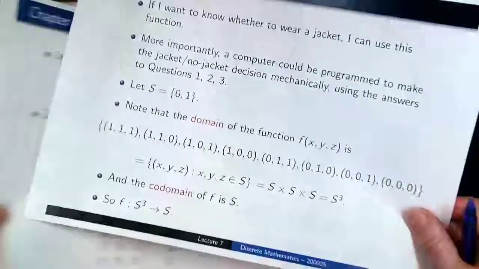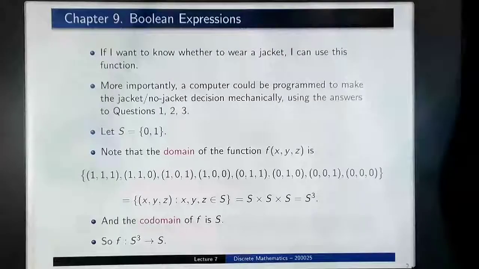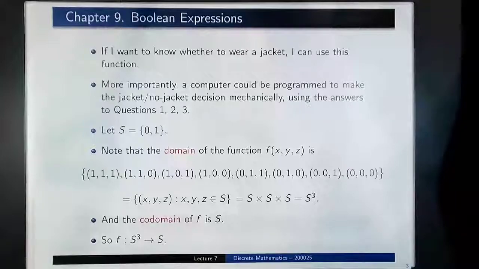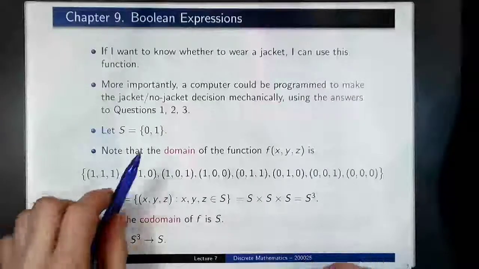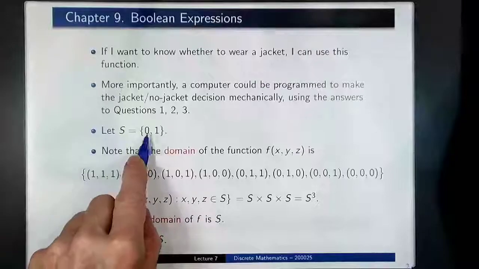Now, we've got a function we can use. This can be automated. It can also be used to make things really clear about what the instructions are, even if I've got a human butler. So let's talk a little bit about the functions and the setup we have here. We have a set of just 2 things, 0 and 1, yes and no, which we're writing as 0 and 1, no and yes.